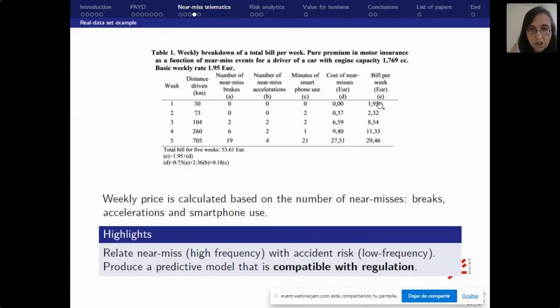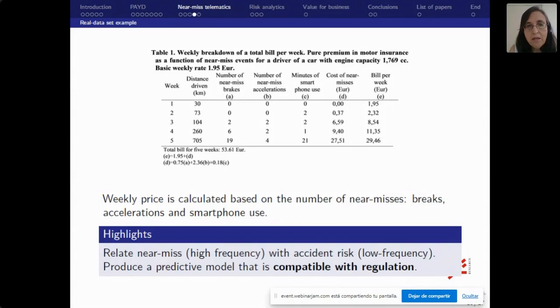As you can see, the cost each week depends on this number of near misses. So the weekly price is calculated based on the number of near misses, and here it's brakes, acceleration, and smartphone use, and there's also a flat rate. So usually there would be 1.95 euros. Okay, I must stress something. Don't go now to the newspapers and say that insurance is going to cost 2 euros per week, because what I'm doing here is the actuarial price.